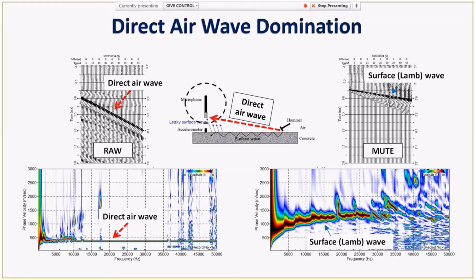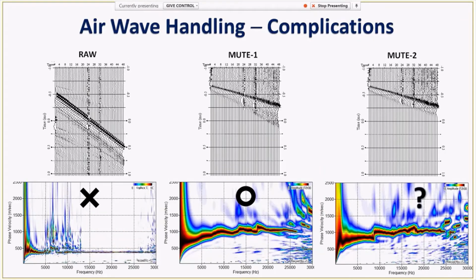But still, there are some complications. As I said earlier, when we use the raw data as it is, the dispersion image will be useless. And when we apply our surgical mute with the most optimum window, then we can come up with this very well-developed dispersion pattern. But if we change our optimum surgical mute window slightly, then we may come up with noticeably different results.